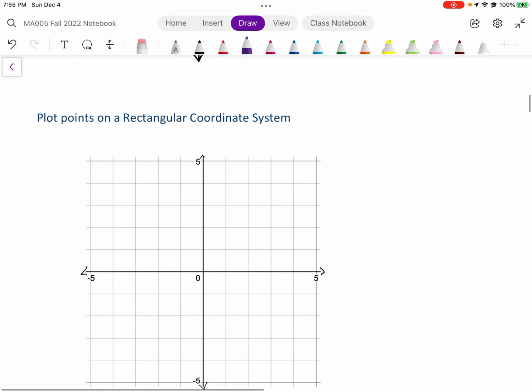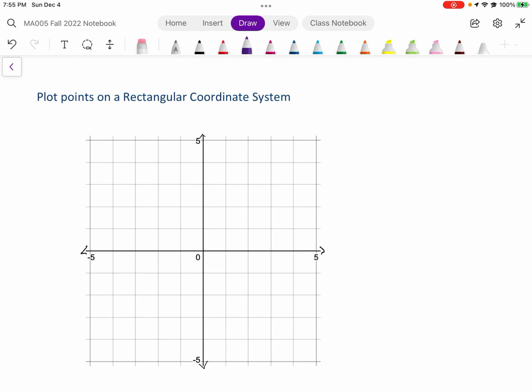All right, so let's plot some points on a rectangular coordinate system. Let's plot, let's say, 3, 4. So what you're going to do is come over 3, 1, 2, 3 to here, and then go up 1, 2, 3, 4 to there.